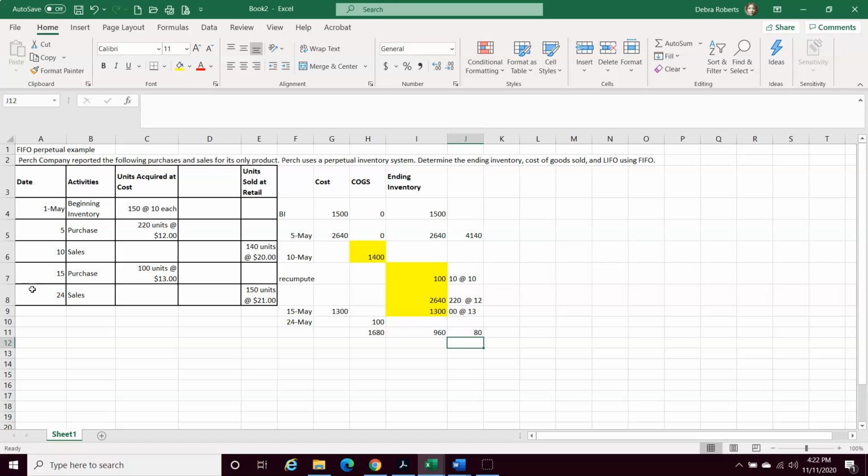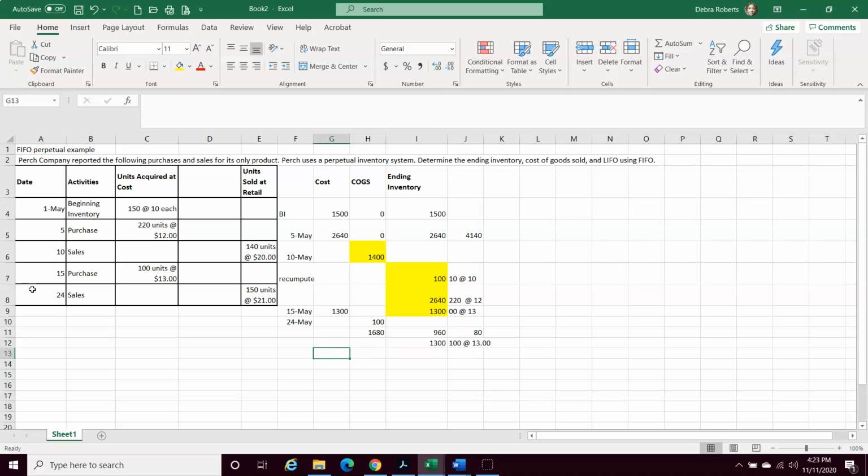Then our last layer is going to be the 100 units times 13, which is 100 units at $13 each. Very good.